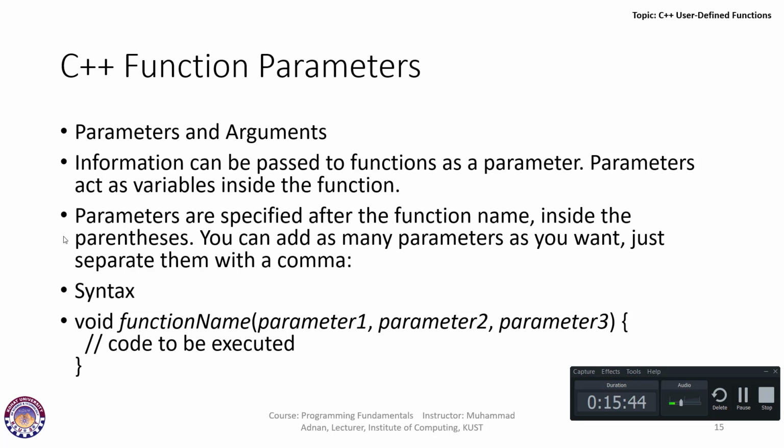Parameters are specified after the function name inside the parentheses. You can add as many parameters as you want, just separate them with commas. So here is the syntax: void function name, parameter 1, comma, parameter 2, comma, parameter 3, and then the code to be executed. You can add as many parameters as you need.